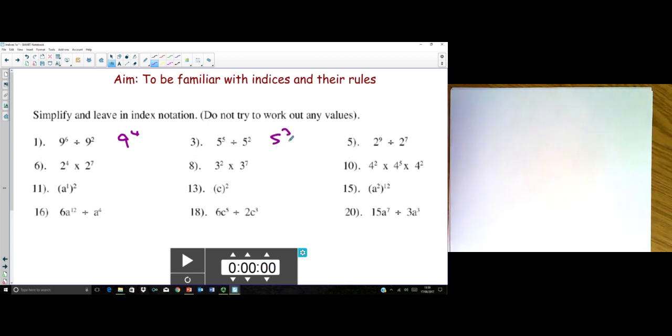And then you have 2 to the 2, 2 to the 11, 3 to the 9. Remember to add all indices, so that's 4 to the 9. A to the 2, C squared, A to the 24.